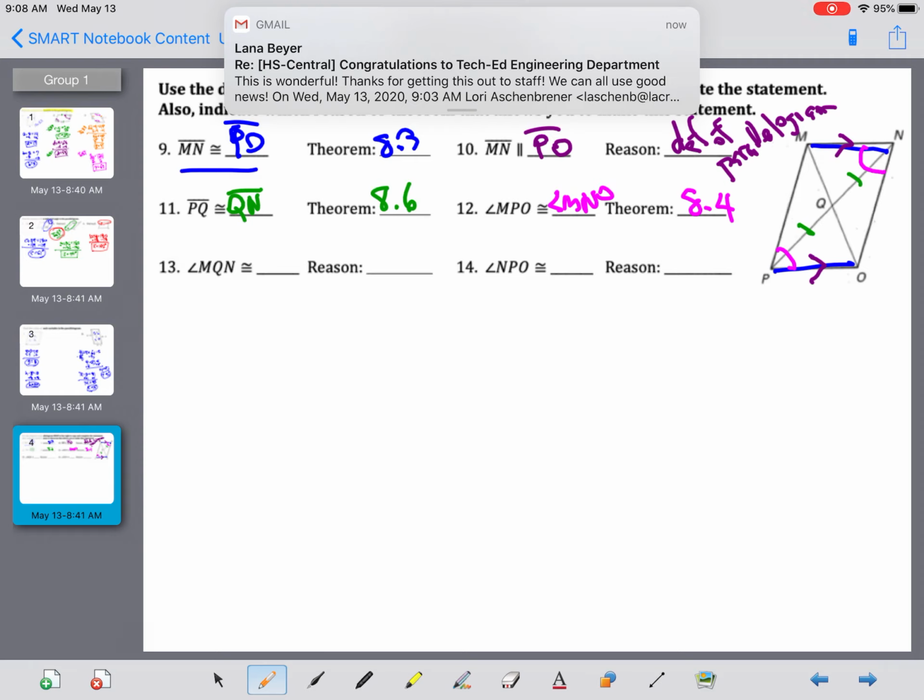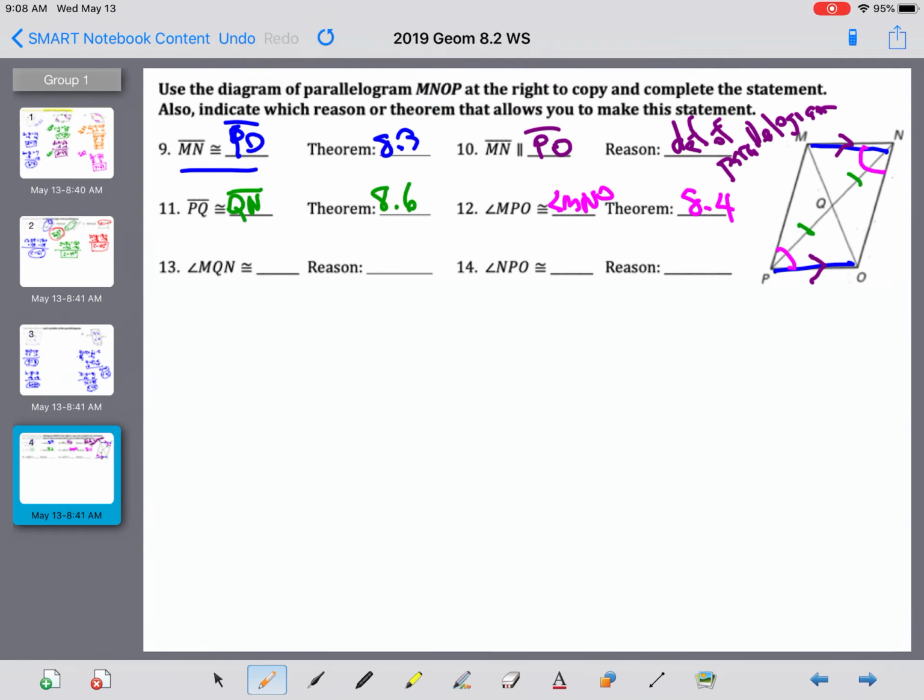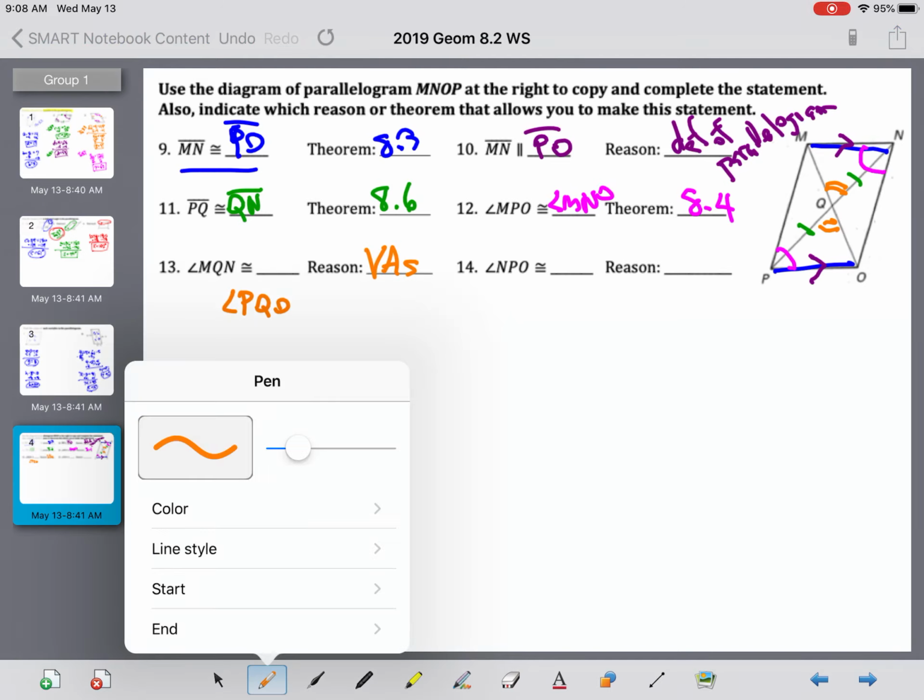Okay. Angle MQN, this angle, is going to be congruent to this angle. So that's going to be angle PQO, and that's vertical angles. Sneaking in some old stuff in here.